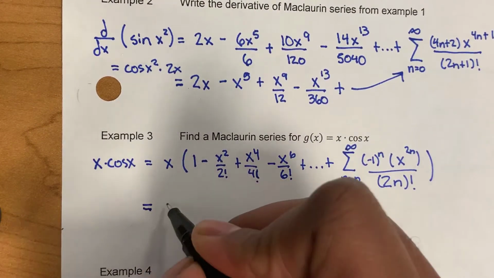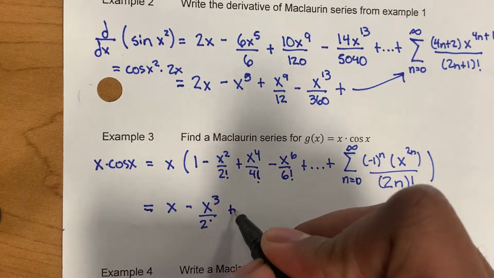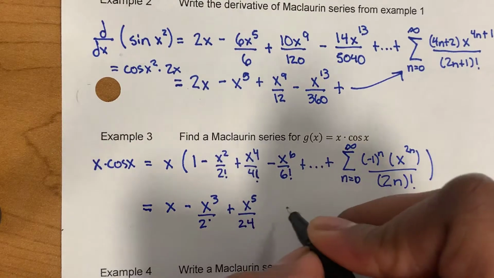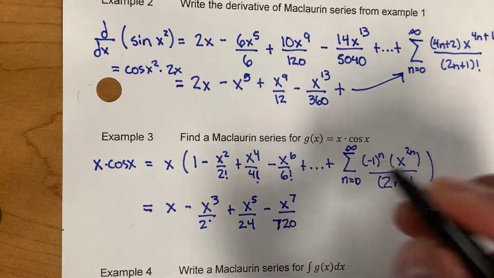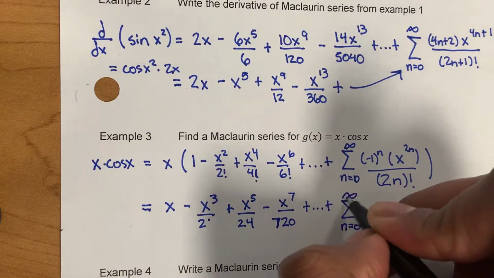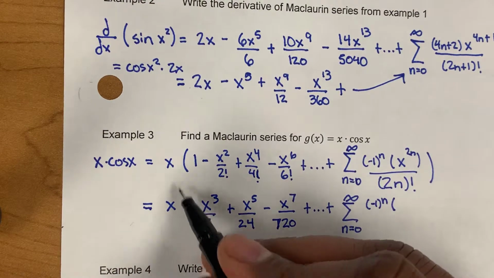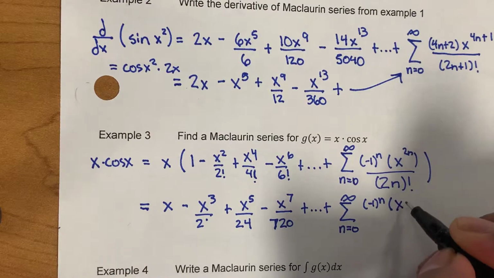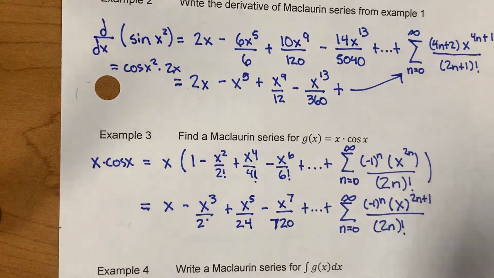We would get x minus x cubed over 2 plus x to the 5th over 4 factorial is 24 minus x to the 7th over 6 factorial is 720 plus dot, dot, dot, plus the sum from n equals 0 to infinity of negative 1 to the n times, when we multiply the x, we're going to add onto the exponent, and so that's going to be x to the 2n plus 1 over 2n factorial.